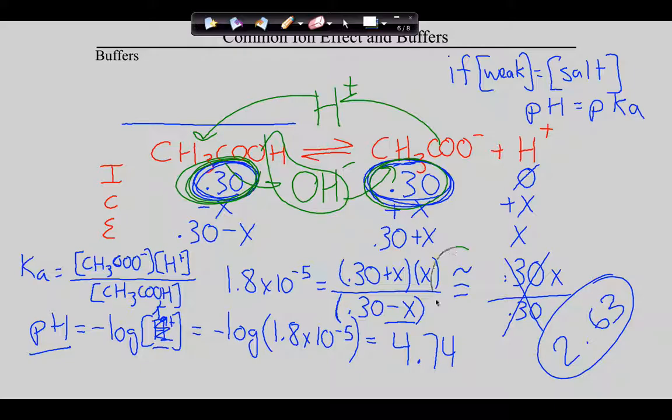What did we do right here? Got rid of the x's, right? That's why. Because do we really have this much? No, we have a little more. Do we really have this much? No, we have a little less. But given the initial concentrations, the little more and the little less are so insignificant that we can get rid of them. So functionally, we think of them as being that.